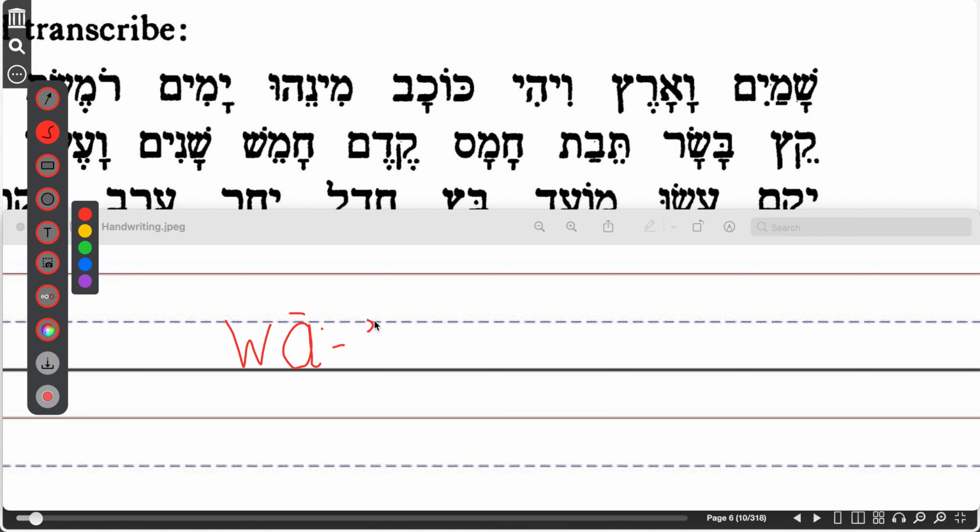So I just make the breathing. So that's syllable number 1, syllable number 2, and then Retz. So that's R, and that's the segol. So that's the short E sound.